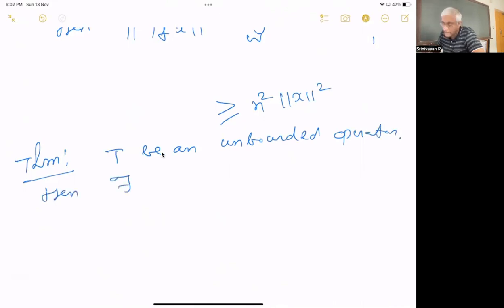Then there exists, actually it's unique. Uniqueness we will discuss later. Okay.